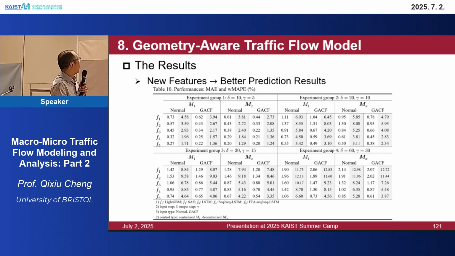M1 is the centralized control model and MX is the decentralized model, and we test the input step. When the input step is 10 and the output step is 5, we look at the performance. And when the input step is 20 and the output step is 10, the performance. If we compare all the performance, we find that our proposed geometry-aware car following model is better than the normal car following model without geometric properties.